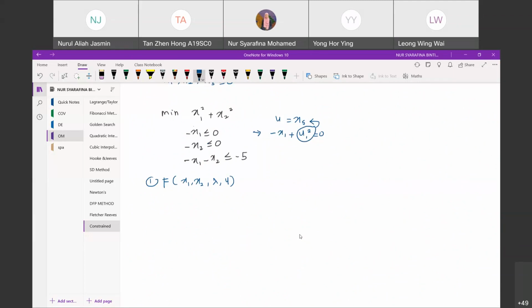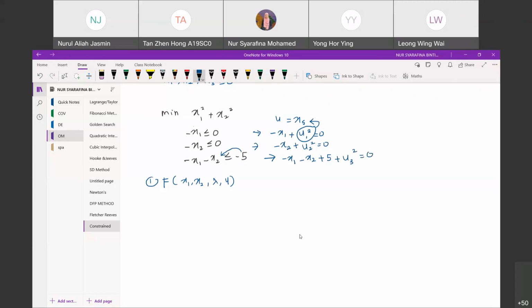Okay, and then this one, we convert to equality. It can be x2 plus u2 squared. And then this one, minus x1 minus x2 plus 5, put it to the left hand side, plus u3 squared.